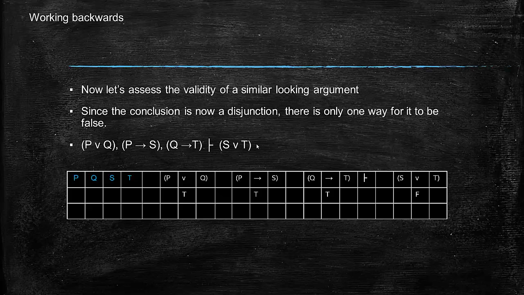Okay, well, let's go ahead and look at a similar looking argument. The only difference actually is going to be that there's going to be a disjunction here. So P or Q, if P then S, if Q then T, therefore S or T. So again, we just assign true to the premises, false to the conclusion. And this one looks like it's got to go a little faster, right?